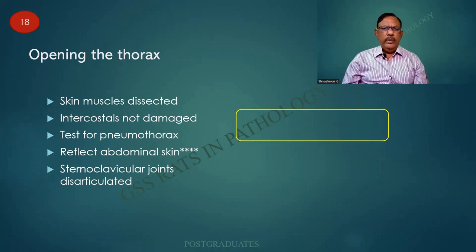You give a trauma without piercing the lung. And if there is going to be any bubble of air that is going to come out of it, it is indicative of a pneumothorax. I shall show you better pictures of it. You reflect the abdominal skin also. Sometimes the sternoclavicular joints are disarticulated. The rest of them are left as it is.